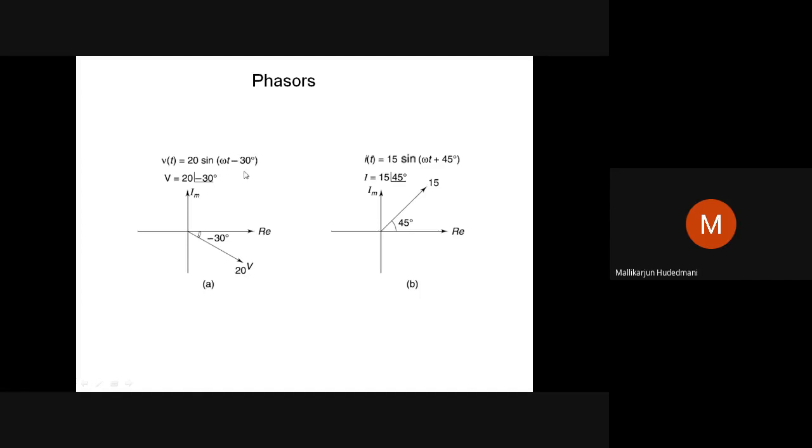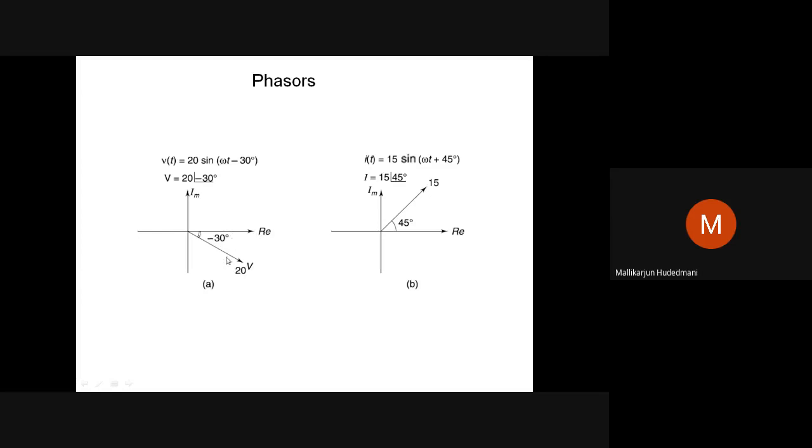30 degrees. Suppose I have a vector of 20 lying over here, which is omega t, no angle over here. But there is an angle of how much? 30 degrees. Then from the reference I should draw a line at 30 degrees and situate a vector of magnitude 20. It is not along the reference.